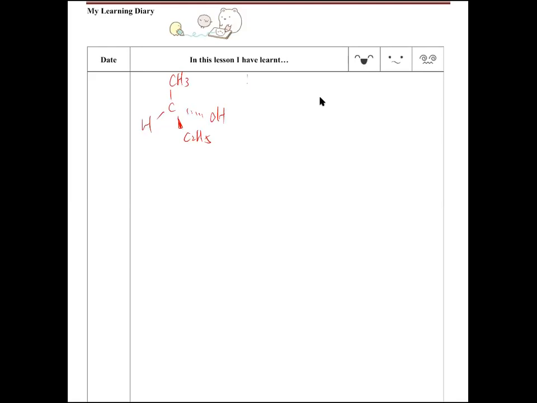First, you can draw the mirror, and then by using the mirror, you can work out its enantiomer like this. That's one of the ways to draw enantiomers.